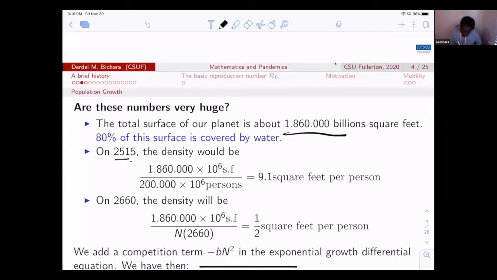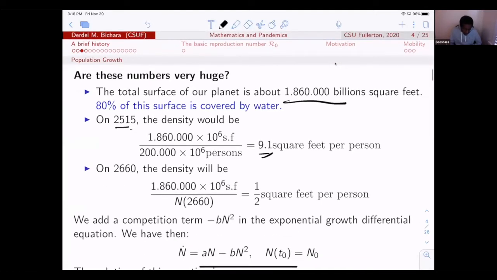So here we'll get 9.1 square feet per person. Okay, fine, not bad, right? But in 2660, the density would be 1/2. That is 2 people per square foot. So we have to live on top of each other. That happens to be not possible, at least I think.